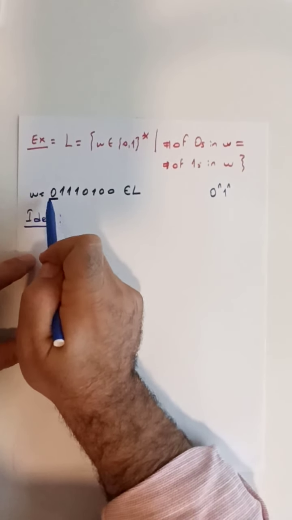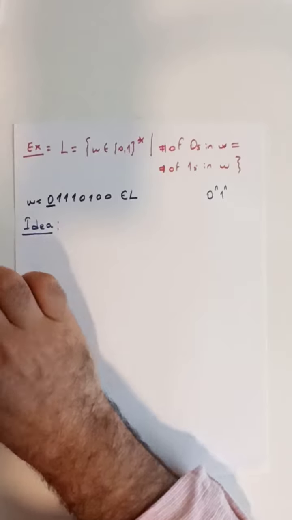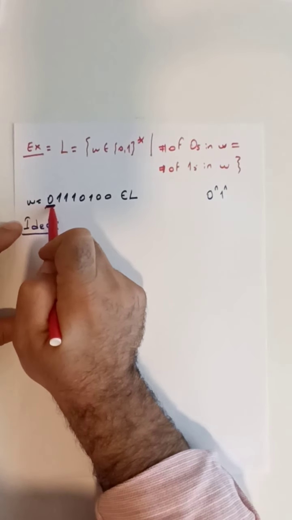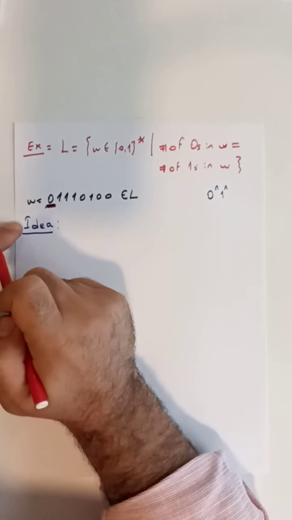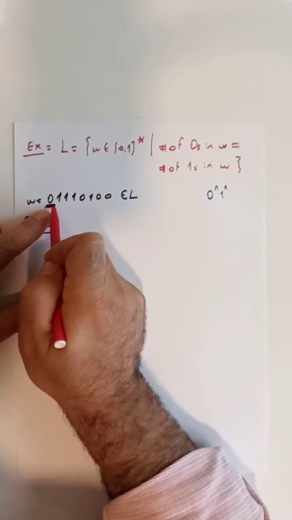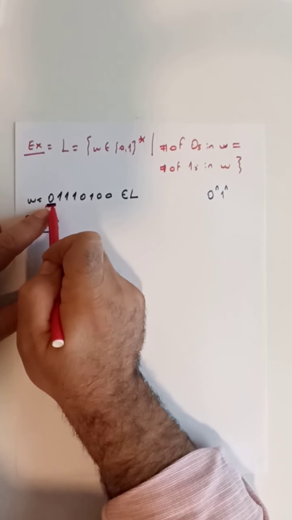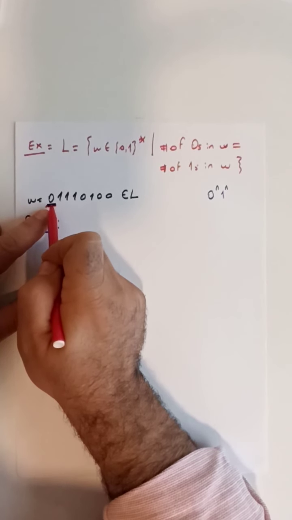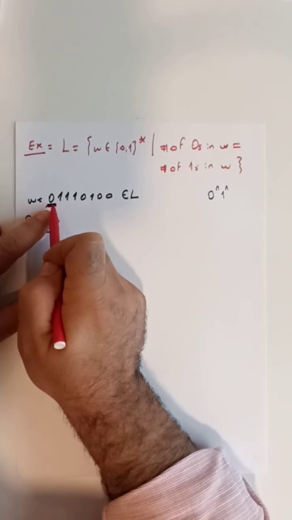So if this is the part of the string that we have processed so far, the number of zeros we have seen is 1 more than the number of ones. So in this case, we want to store a single 0 in our stack, indicating that in the part of the string we have seen so far, there is 1 more 0 than the number of ones.